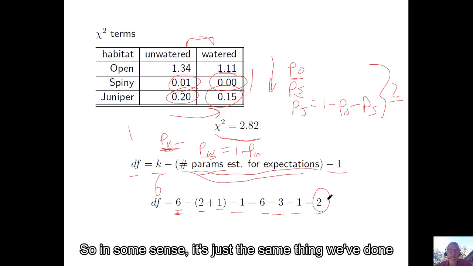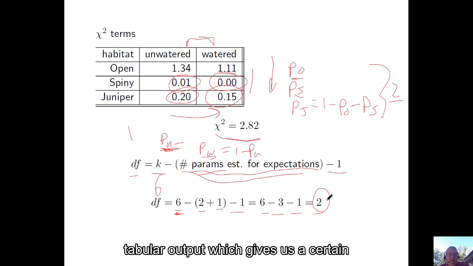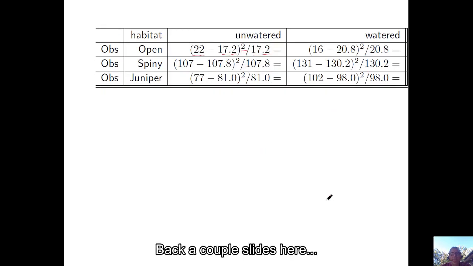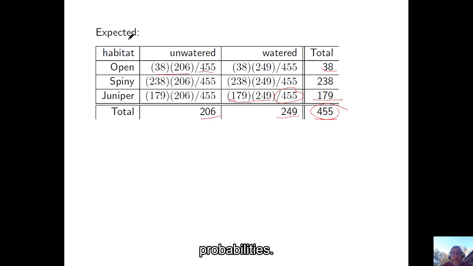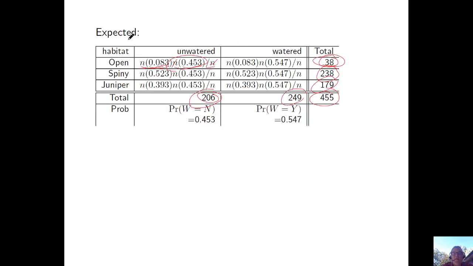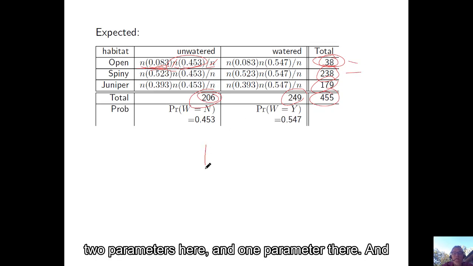Okay, so in some sense, it's just the same thing we've done before. It's just this weird sort of tabular output, which gives us a certain structure, but it's the same rule that we've seen before. In order to get numbers for these expectations, back a couple slides here, we actually had to estimate these probabilities, right? And these probabilities came from 2 parameters here and 1 parameter there.